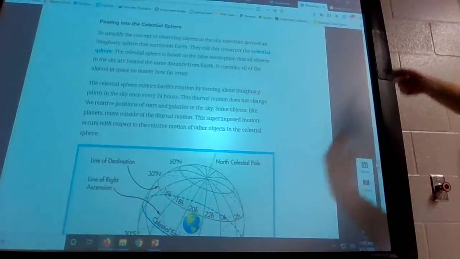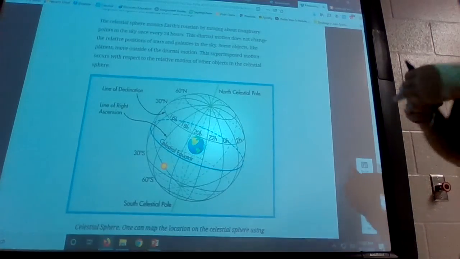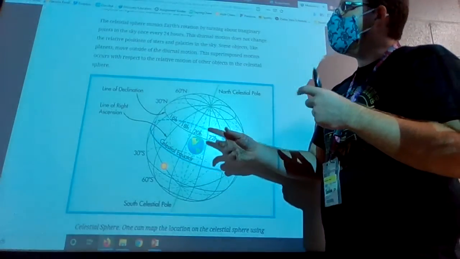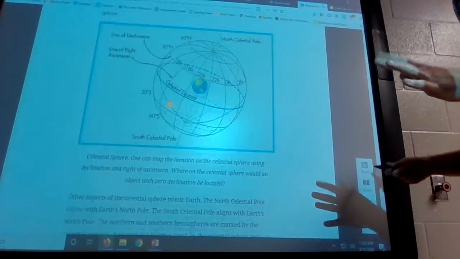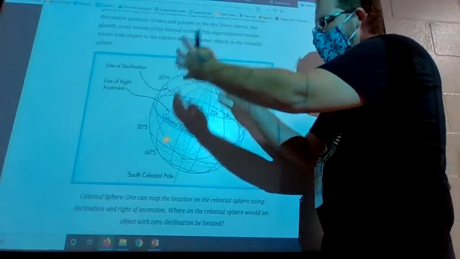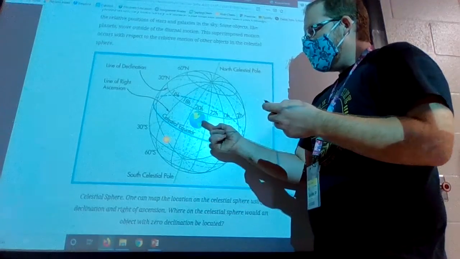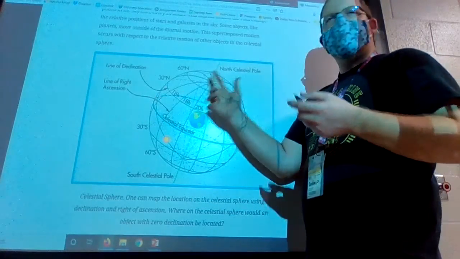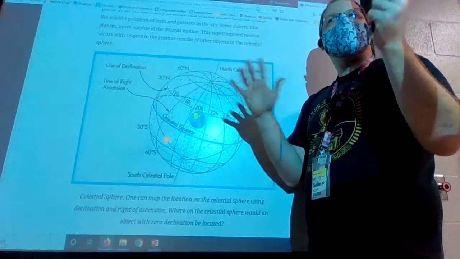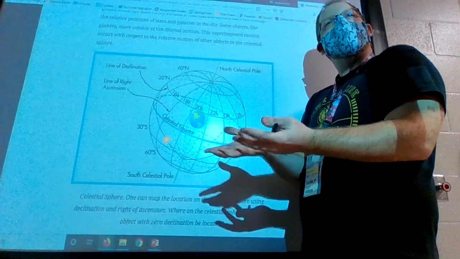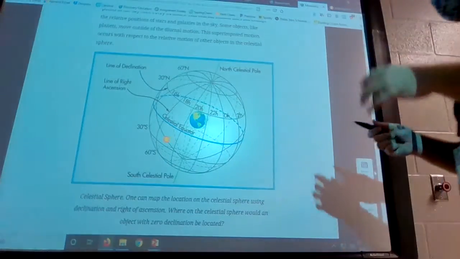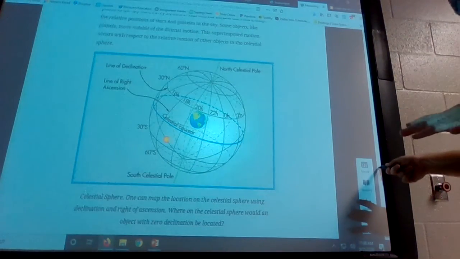So we put it on a projection around the Earth. I forget the name so quickly, sorry. They call it the celestial sphere. So you put it on this globe out here, and you project the points out onto the globe. It doesn't really matter how far away they are. We can see everything all together in a way. That's what the celestial sphere is about.